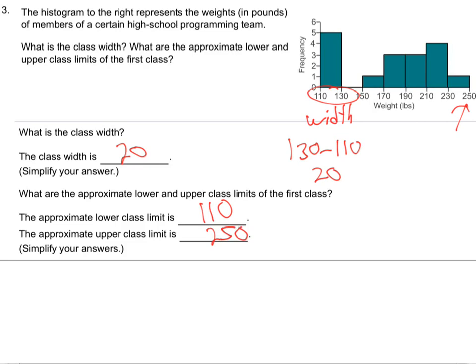Is that the answer it wants? That's a pity if you don't read the whole question. Let's go back. It says, what are the lower and upper limits of the first class? So it just wants the 110 and the 130.